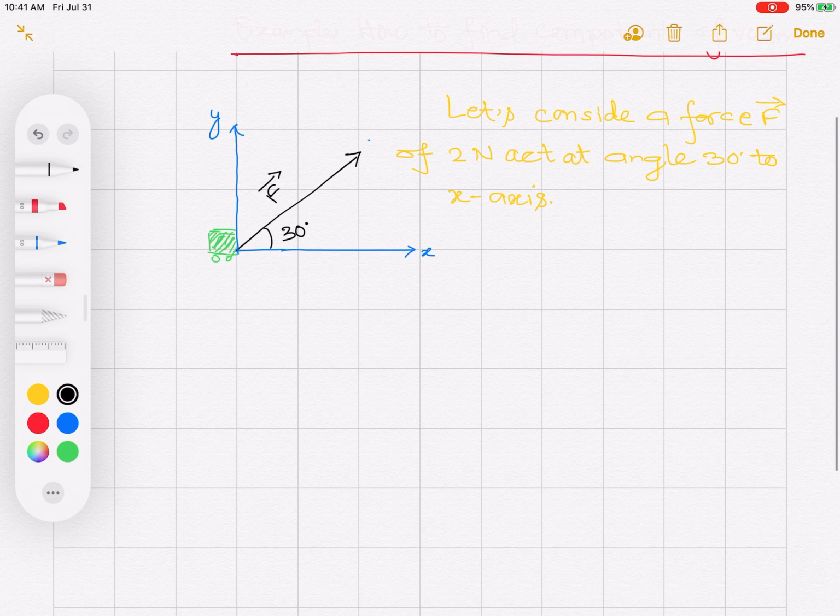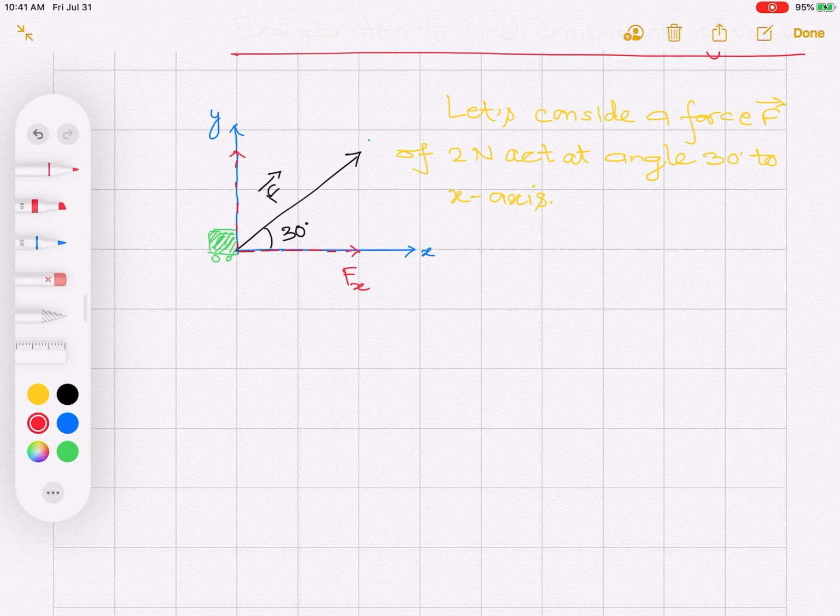So let me find out the components of this vector F, which is 2 Newton, and its direction is 30 degree. It makes angle 30 degree with the x-axis. So if I resolve this vector, this will be my x component. I will denote the x component with F_x, and this would be the y component.